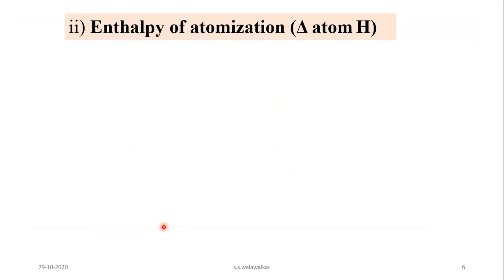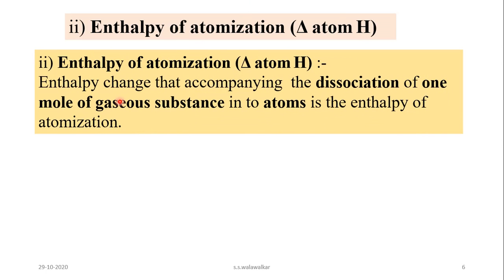The second type of enthalpy is the enthalpy of atomization. It is denoted like this: delta atom H. The definition is the enthalpy change that accompanies the dissociation of 1 mole of a gaseous substance into its atoms.